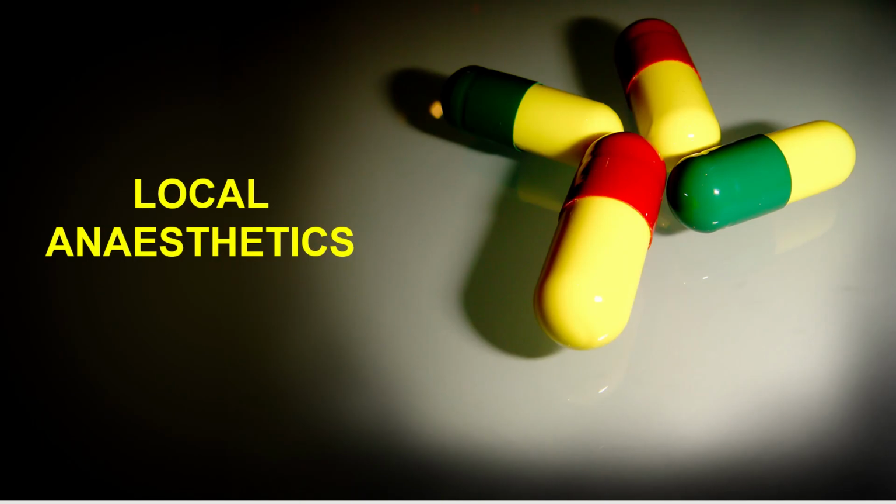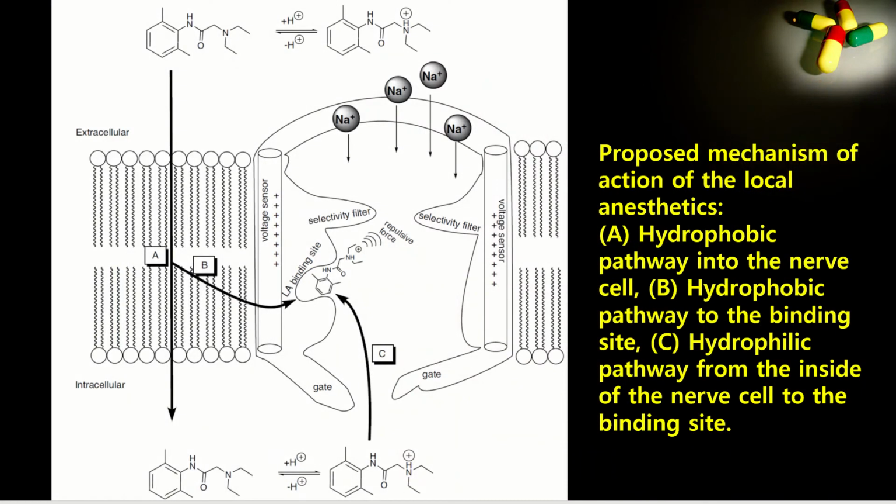All right, so that leads us now to our final section, which is the local anesthetics. I have a diagram here of the proposed mechanism of action of the local anesthetic.